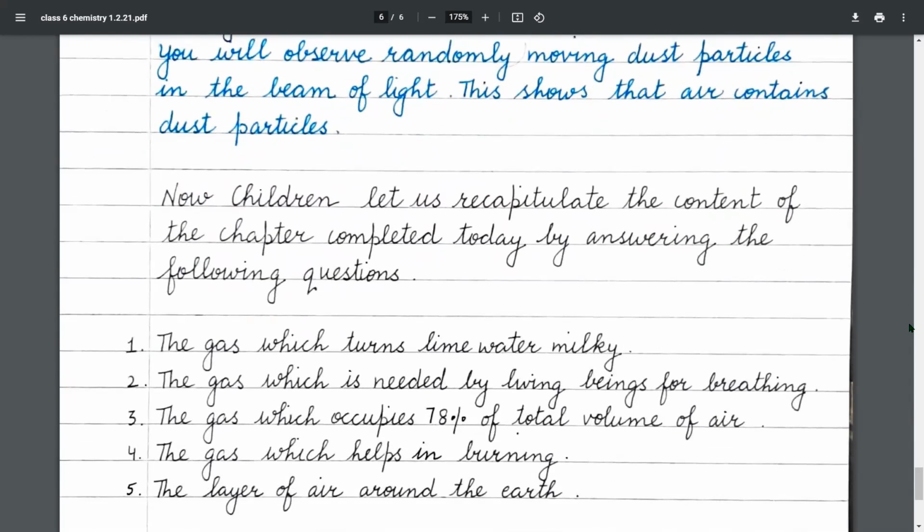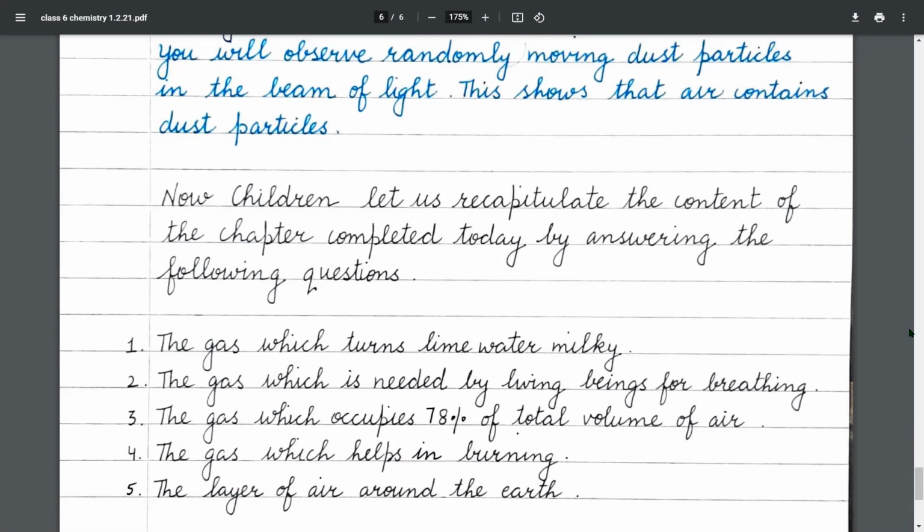Now, children, let us recapitulate the content of the chapter completed today by answering the following questions. Question number 1. The gas which turns lime water milky. Number 2. The gas which is needed by living beings for breathing.